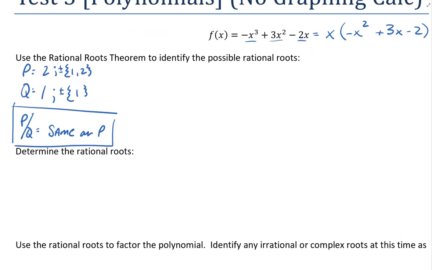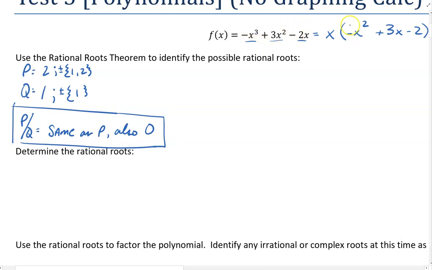So with our p-value of 2 and a q-value of 1, the possible factors of p are 1 and 2, the factors of q are 1, and when each of the factors of p are divided by each of the factors of q, we get the same list as p. But let's also not forget that 0 is a possible root.